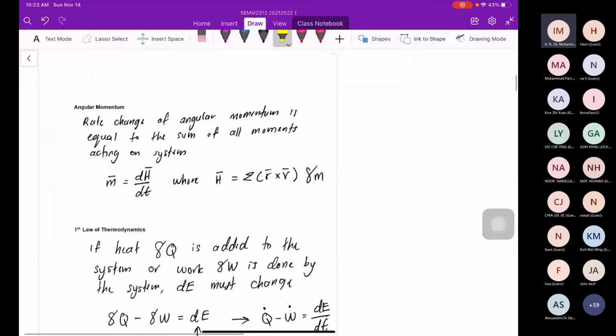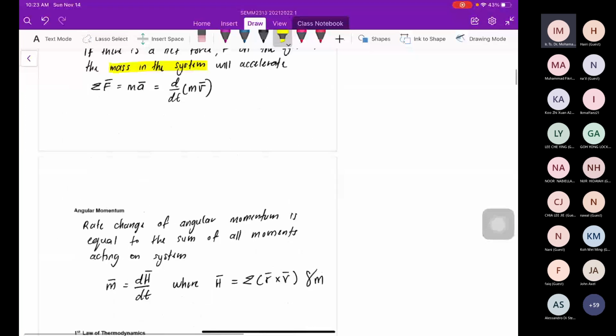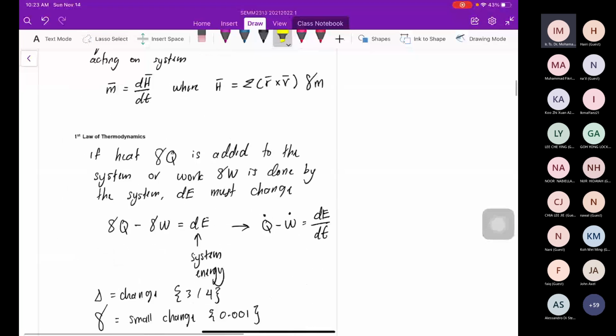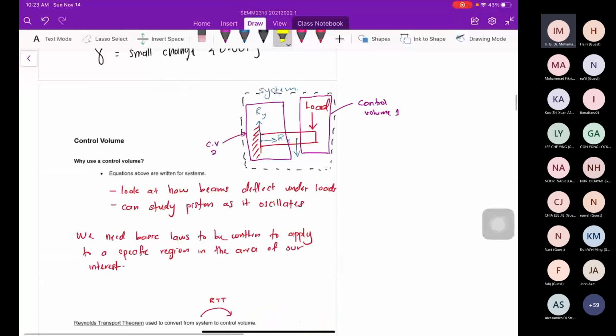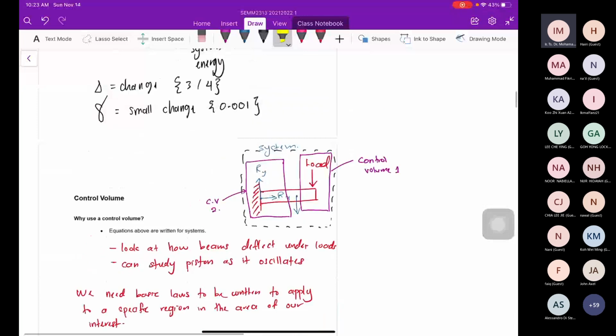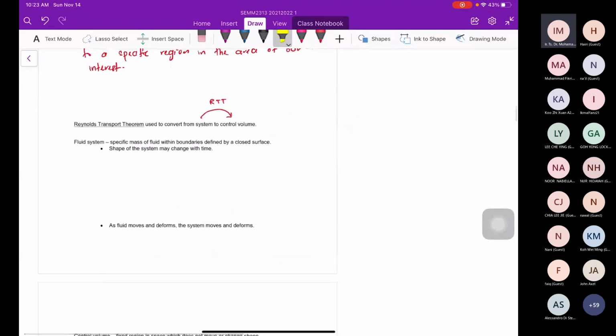The fundamental laws we have learned previously, like angular momentum, Newton's second law, and the first law of thermodynamics, are all based on the system, not the control volume. The reason we need the control volume is to analyze the fluid particle flow in that region. So how do we do that?